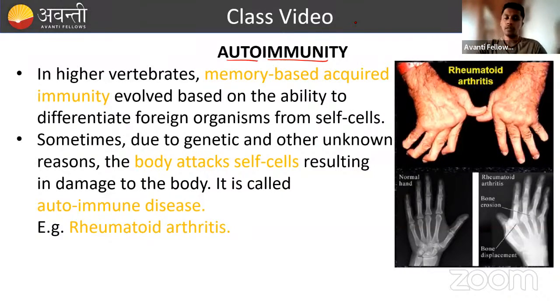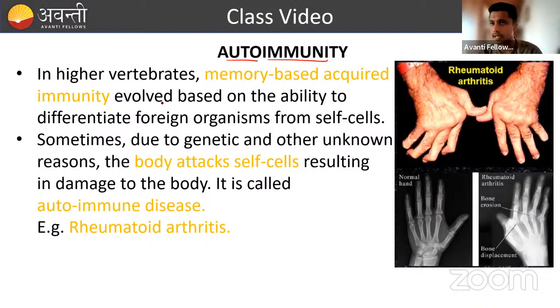In memory-based acquired immunity, our ability to recognize the self cells from foreign cells is lost. There are so many different reasons for how a person will become autoimmune to a particular disease. For example, psoriasis is one example of an autoimmune disease, and rheumatoid arthritis, and Alzheimer's is another example of autoimmune disorders.